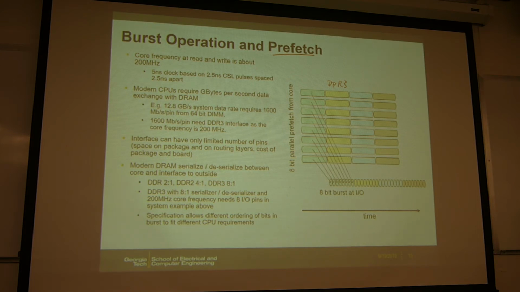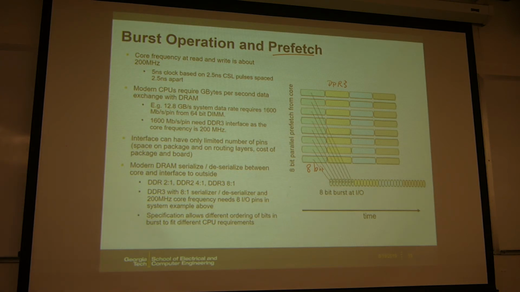Each bank you fetch 1 bit with this slow clock in parallel, okay? So you have 8 bits ready here after 1 internal clock cycle, because you get 8 bits from 8 different places. This is called prefetch.